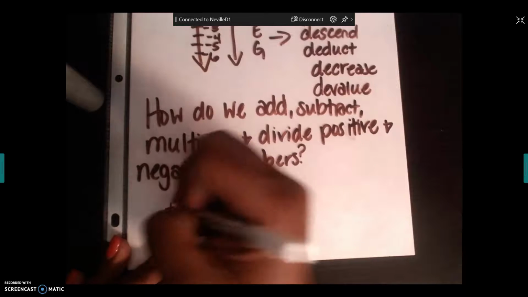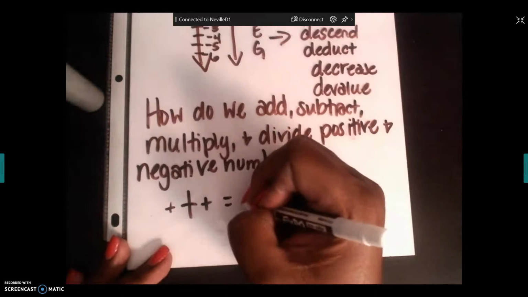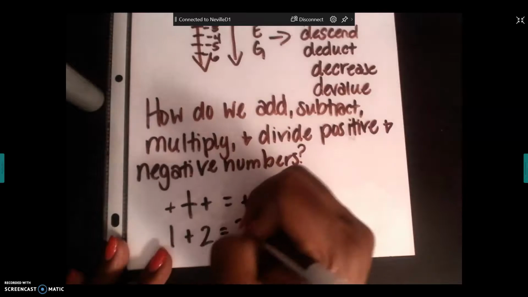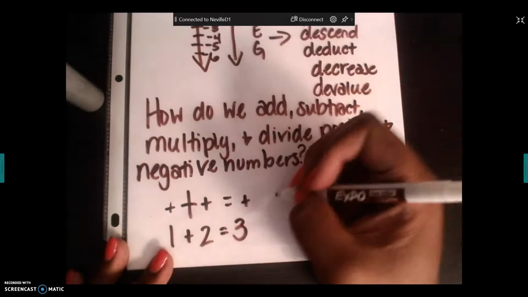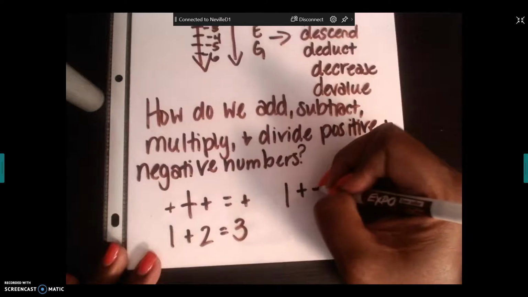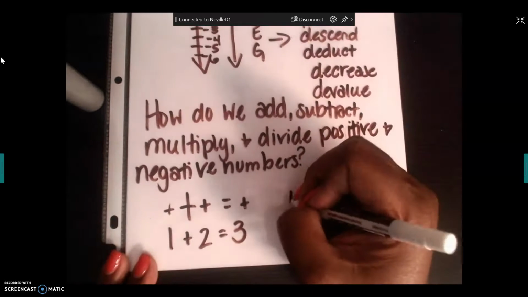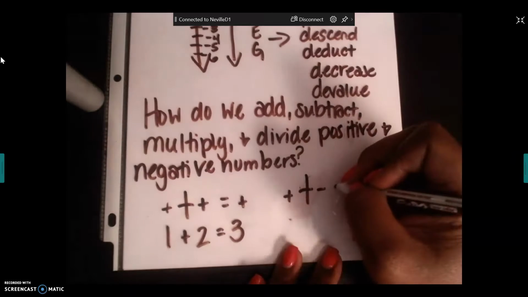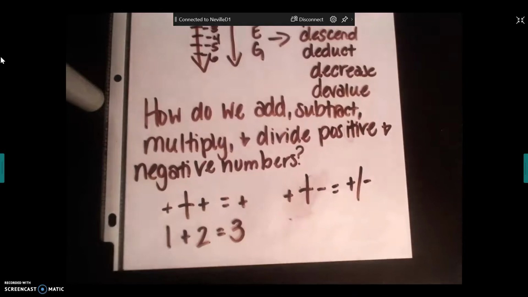Whenever I have a positive number plus a positive number, I'm going to get a positive number. Duh. 1 plus 2 equals 3. But if I have a positive number plus a negative number, depending on the value, I could get a positive or a negative number.